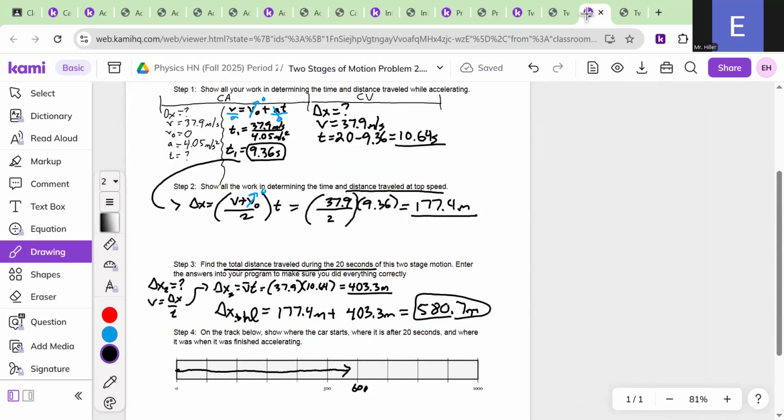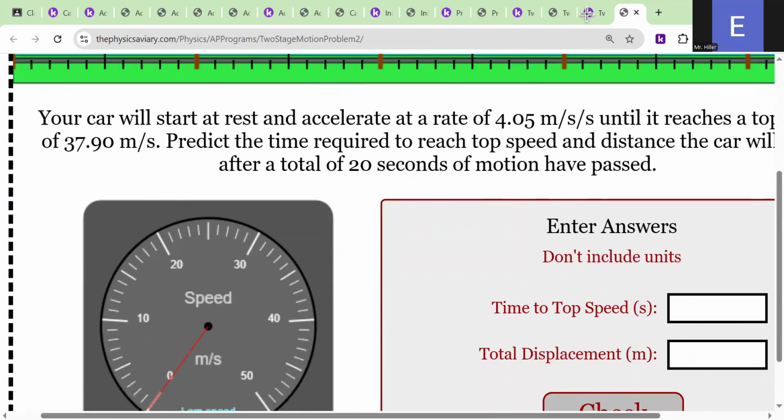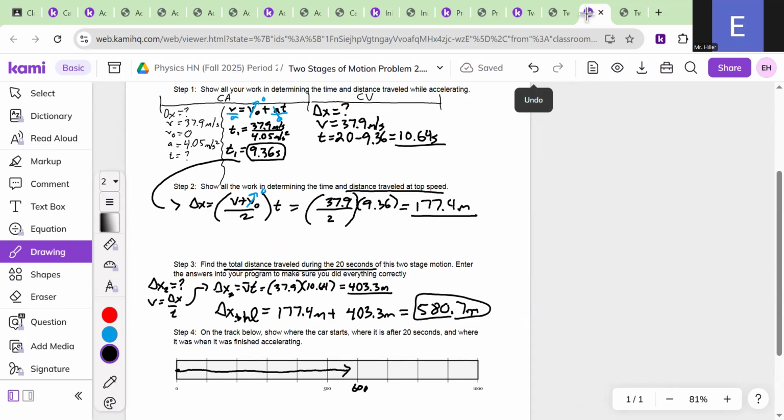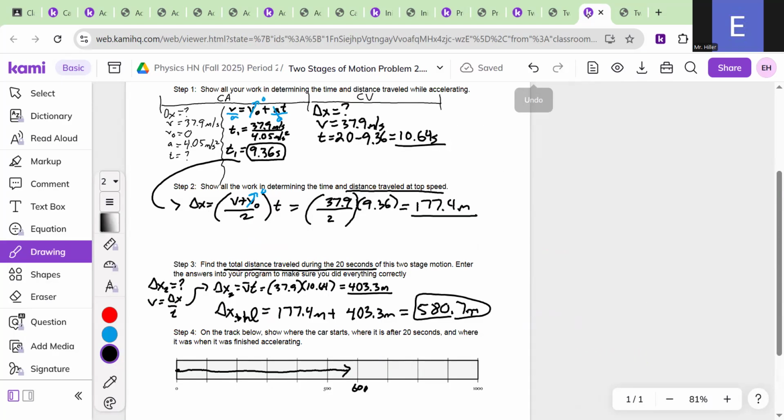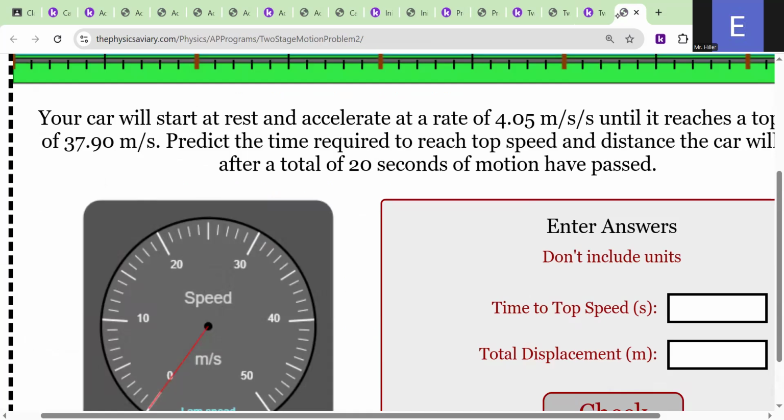Let's see how I did. Okay, I have to enter the top speed. So my top speed was, wait, was it the top speed? No, time to top speed. Okay, so basically time one. Time one was 9.36 seconds.